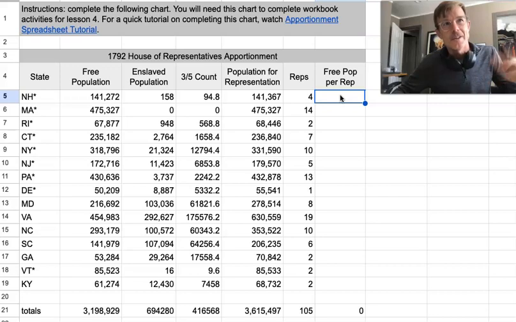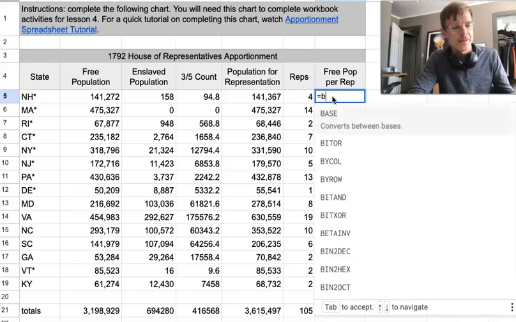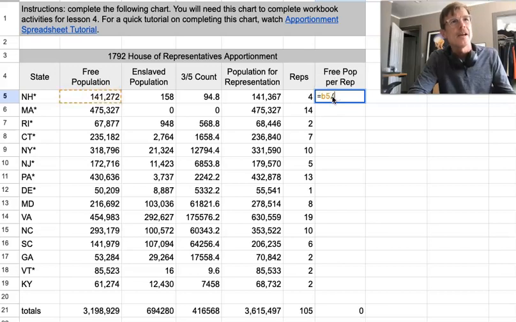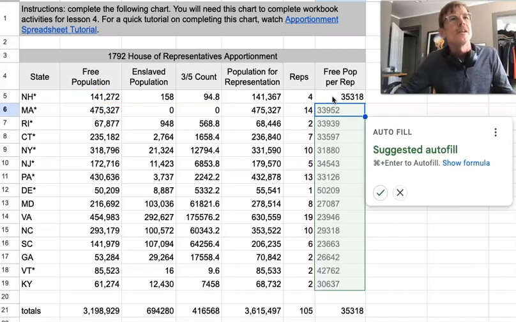In the lesson, you're going to understand the context for all of this. So to make the spreadsheet give you the answer that you want, we would just do equals the free population, which is B5, divided by the reps, which is F5, and that gives you your answer.